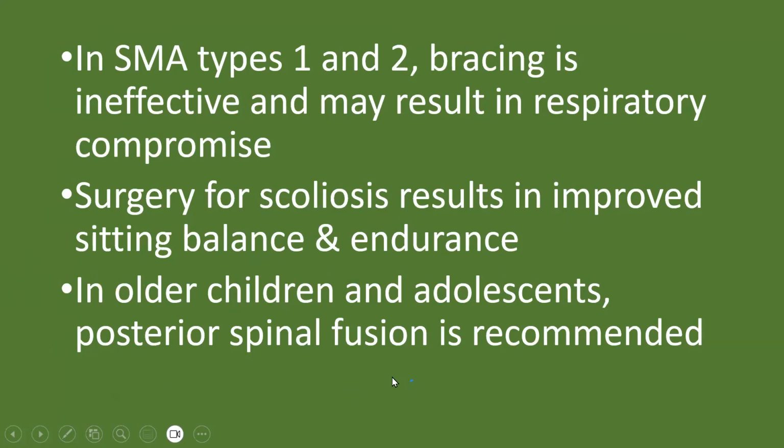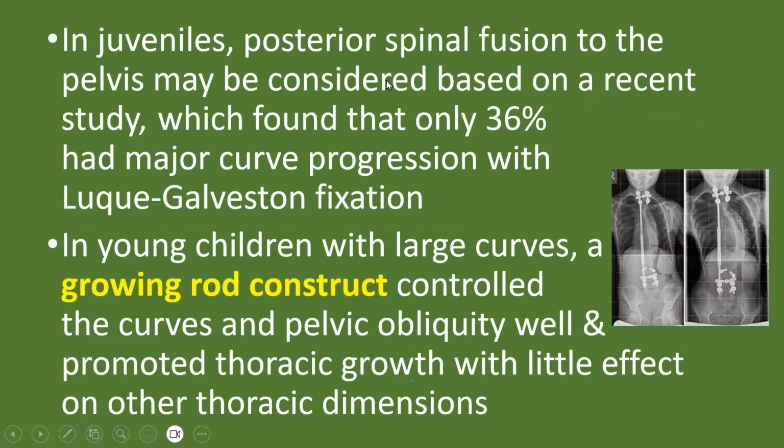In older children and adolescents, posterior spinal fusion is recommended. In juveniles, posterior spinal fusion to the pelvis may be considered based on a recent study which found that only 36% had major curve progression with the Luque-Galveston fixation.